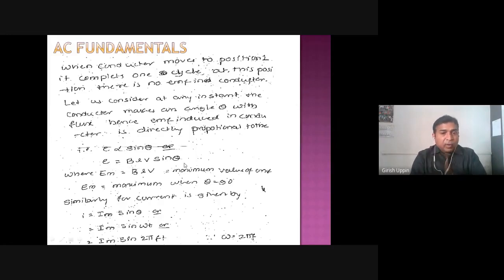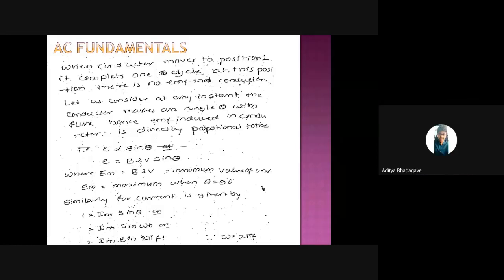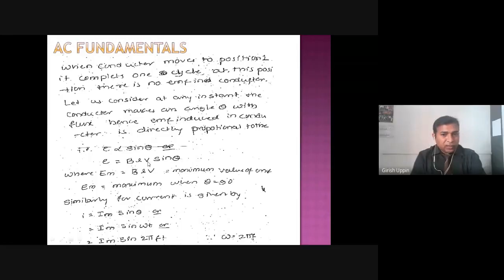Okay, and we know what B is. B is the magnetic flux density, L is the length of the conductor, and V is the linear velocity, how fast you are rotating it. Correct? Now, you know that the value of sine theta will change from 0 to 1, and again becomes 0, then minus 1, again becomes 0.